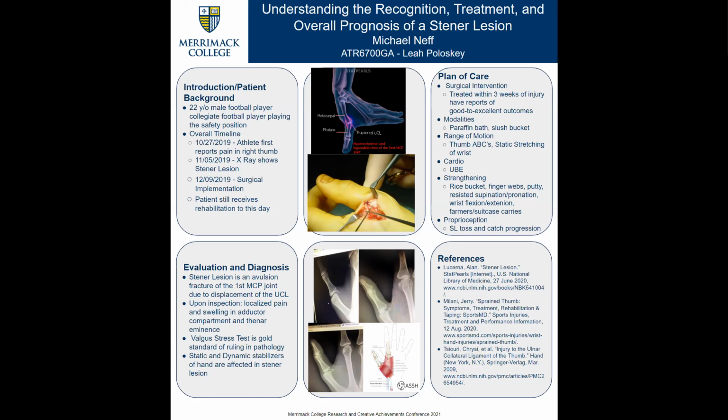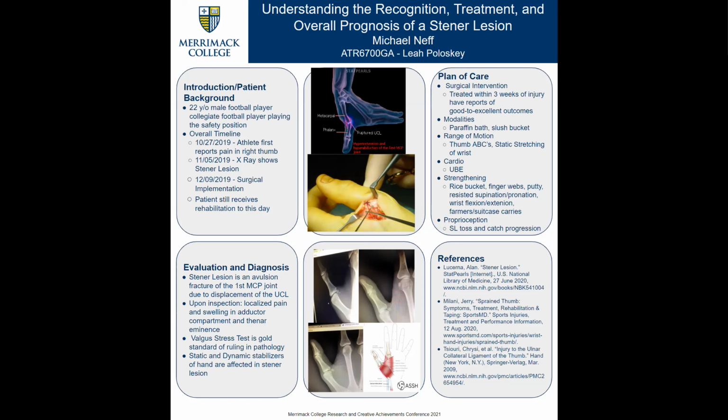Modalities that can help with the overall healing process include a paraffin bath and slush bucket, which may also lead into range of motion activities. While also using these modalities, our range of motion activities can consist of thumb ABCs and static stretching of the wrist into flexion and extension.